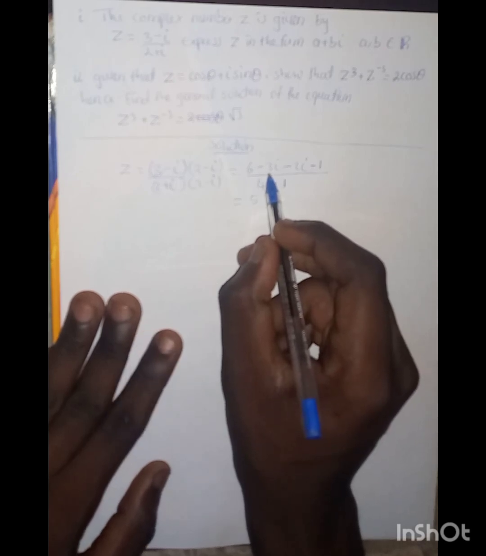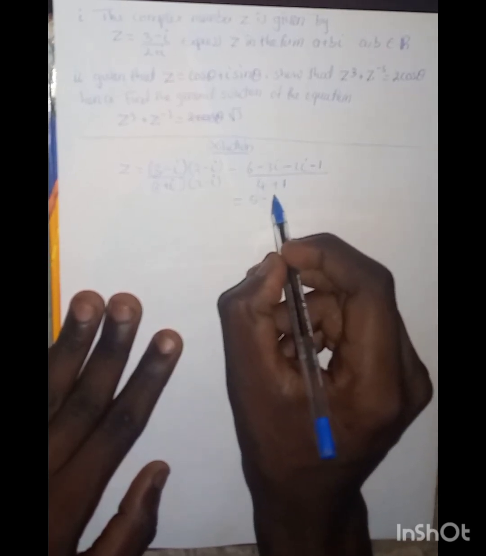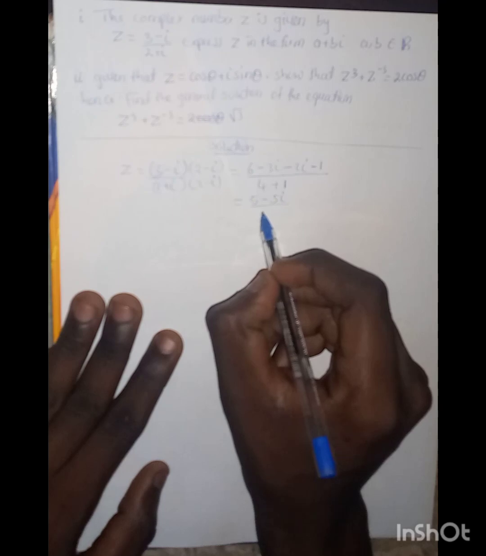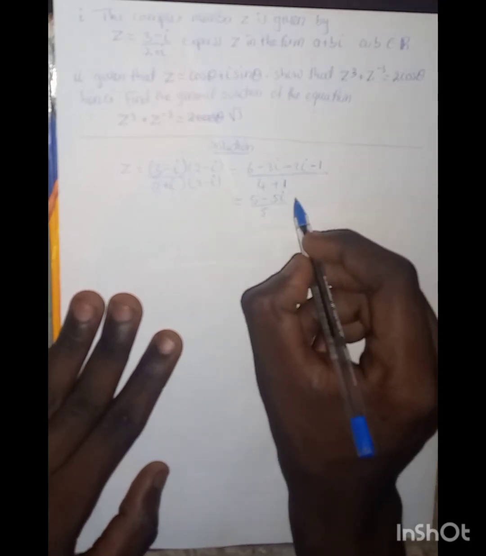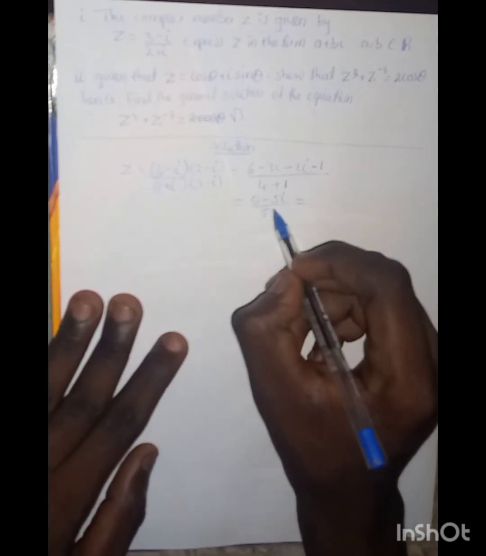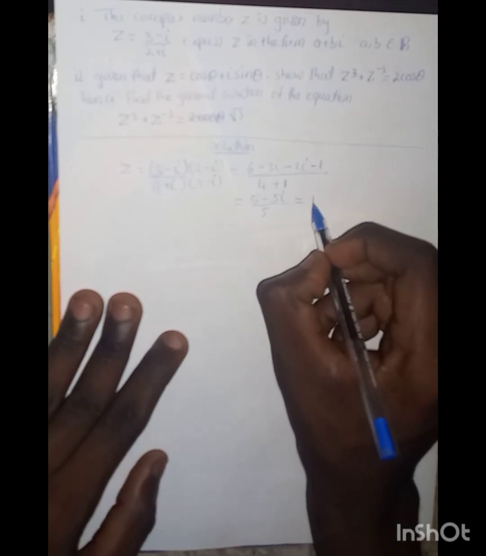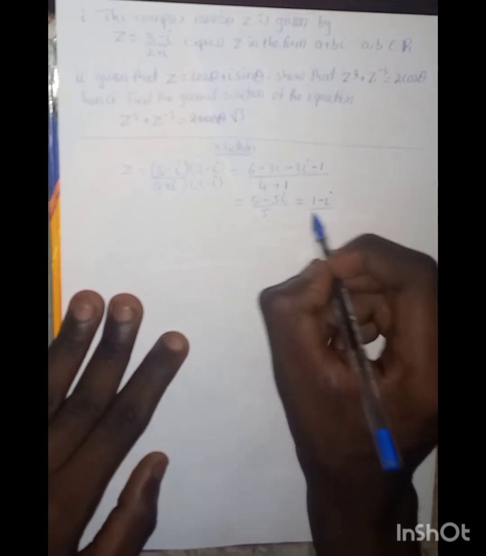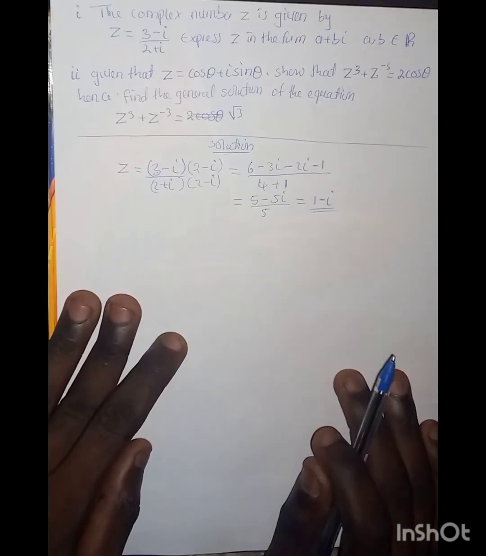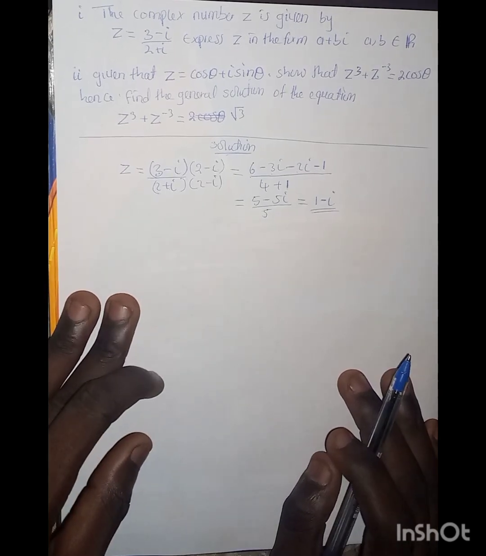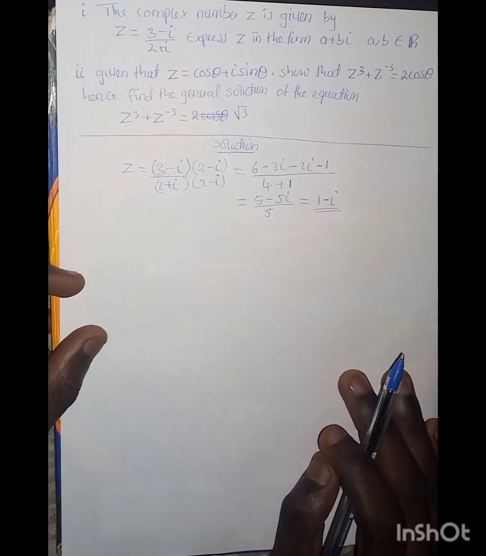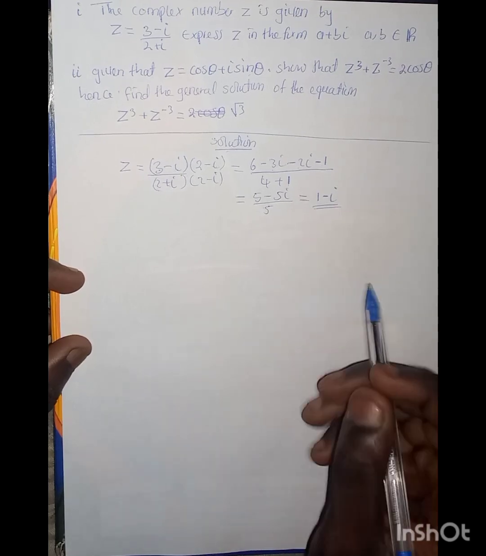Then negative 3i minus 2i gives me negative 5i. Then 4 plus 1 gives me 5. If you divide all of them by 5, you just have 1 minus i. Great. And it's of the form a plus bi, where a is 1 and b is negative 1. That's Roman 1 of the question.